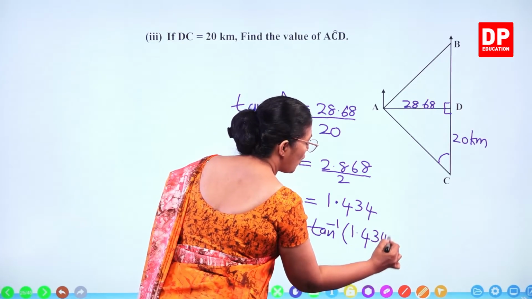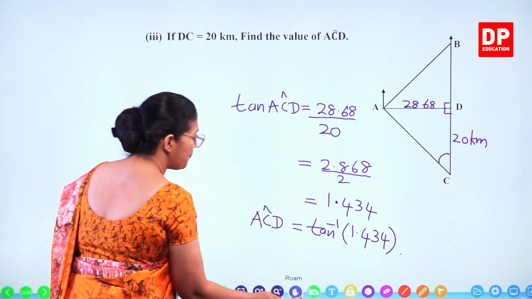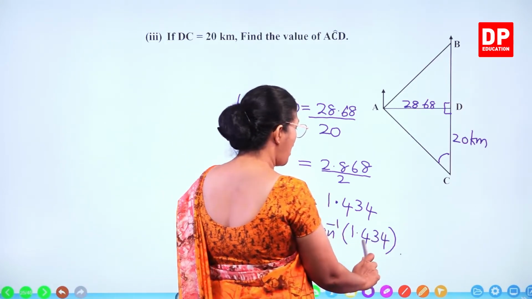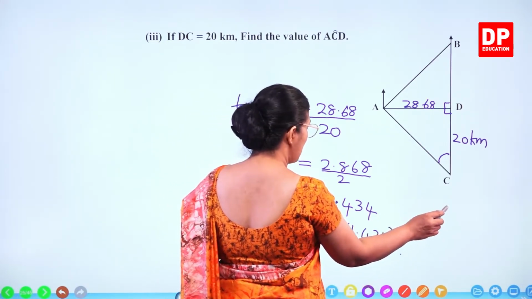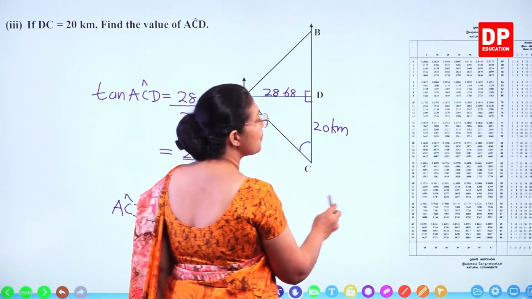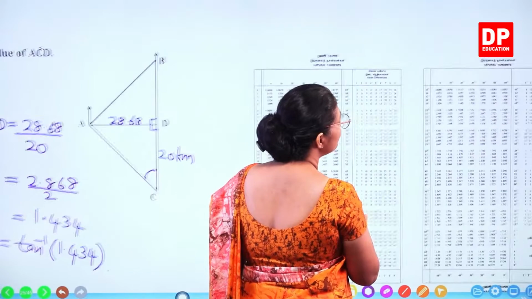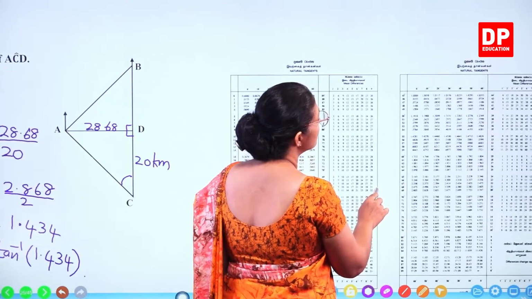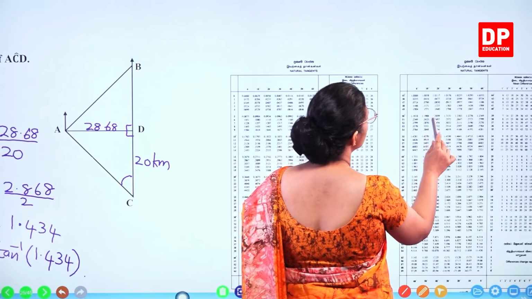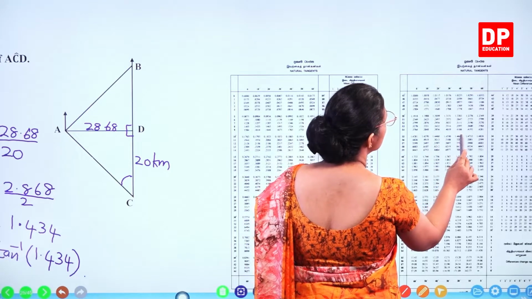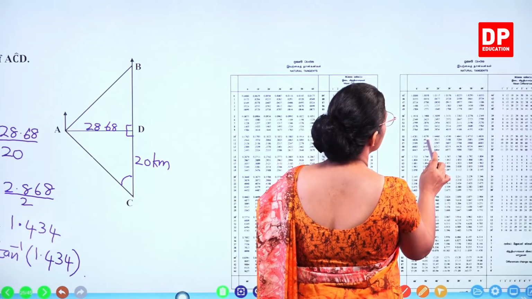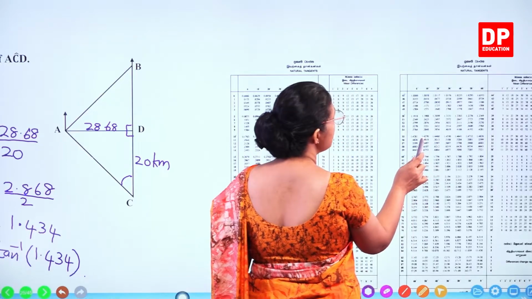So what you have to do is take the tan table and see where you can find 1.434. .437 is there.